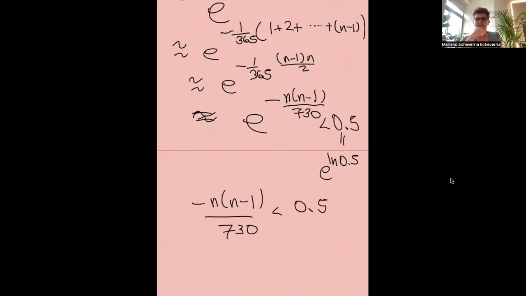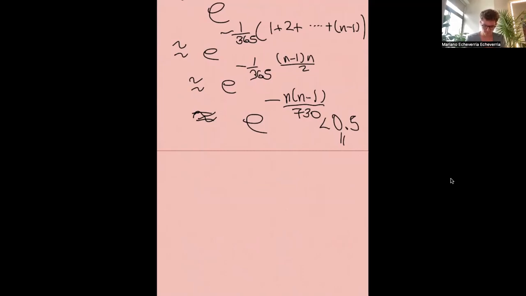The bases are the same, so this is fine. If you take ln on both sides, oh my god, I cannot believe I'm dying on the last step.